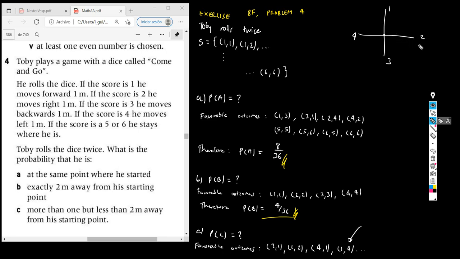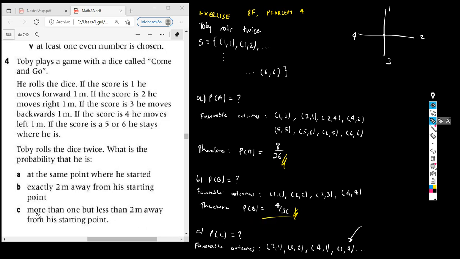So he's going to be 2 meters from the starting position. So once again, the probability of B is the number of favorable outcomes, which is 4, over the total number of outcomes, which is 36. We can simplify this, but that's the number.